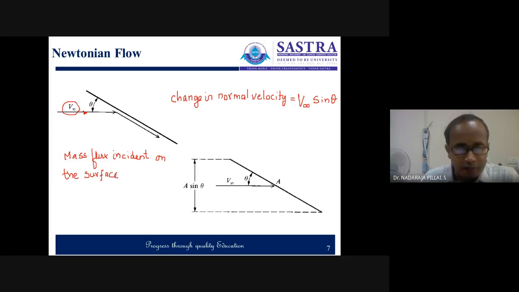Let us say the surface is area A. So we can write the mass flux as rho infinity, v infinity, A sine theta. It's rho A V, right? So here we consider rho infinity, v infinity, and A sine theta. Now we have a mass flux.